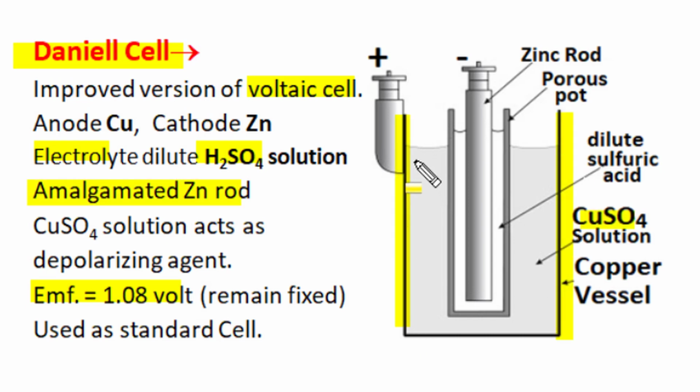To stop polarization, depolarizing agent copper sulfate is used near the anode copper vessel, and to stop local action, an amalgamated zinc rod is used. In this cell, the EMF value of 1.08 volt remains constant irrespective of current supplied by the cell. So this Daniell cell is used as a standard cell and its EMF is 1.08 volt.